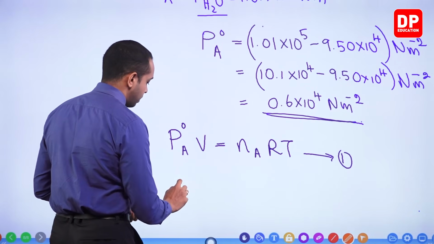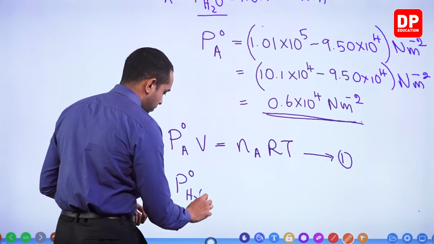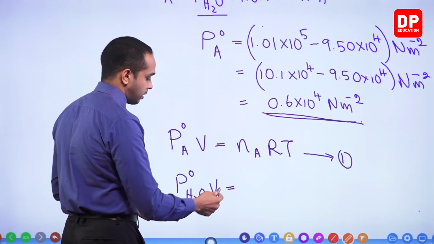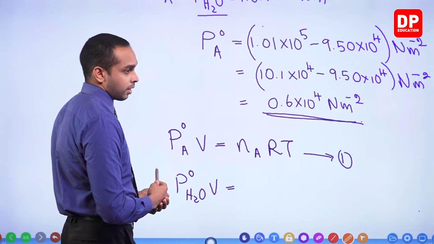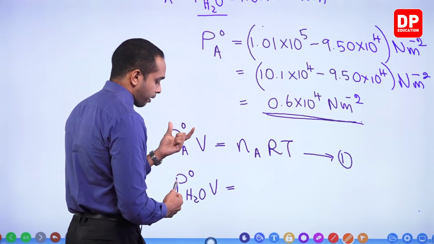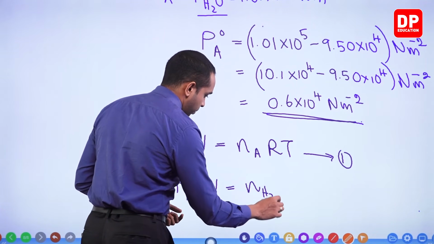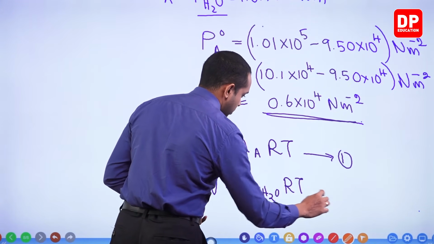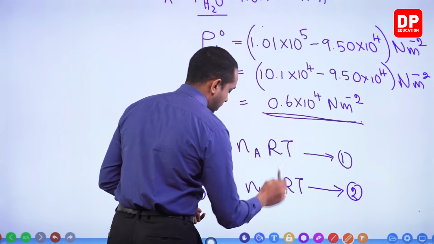And expression 2 would be saturated vapor pressure of water multiplied by volume. PV equals nRT equation is applied here. So volume is the same volume as the volume that naphthalene is spread through. So volume remains the same. Number of moles of water, of course, is different to the number of moles of A here. And RT are constants throughout this experiment. Temperature doesn't change.